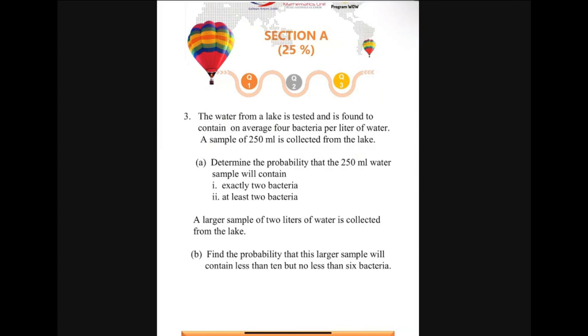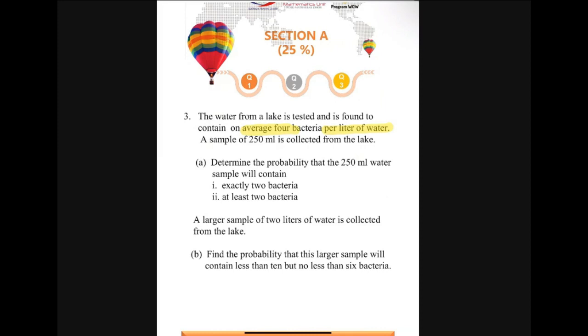Okay, so the water from a lake is tested and it is found to contain on average 4 bacteria per liter. Okay, that is a major hint. We don't have number of trial. They didn't mention about normal distribution at all, but they use the term average 4 bacteria in a liter of water.